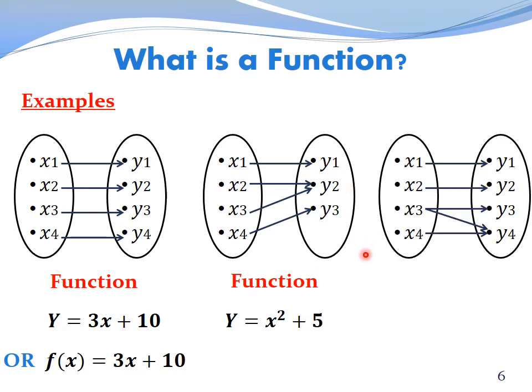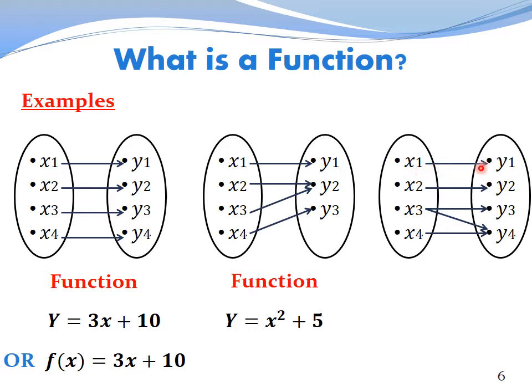What causes the problem is the next example here. Here let's see if this relation, the relation between these input values and these output values, is a function or not. Again, what is the condition of a function? The condition is that each element in the input set corresponds to only one element in the output set.